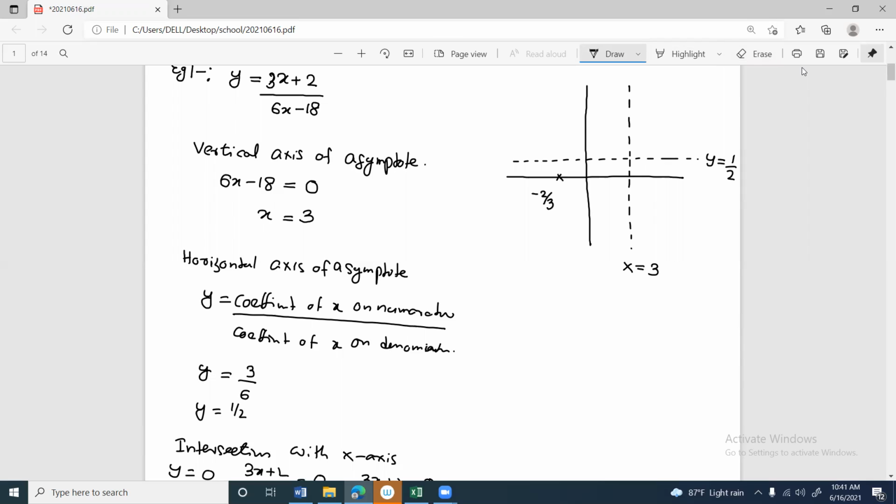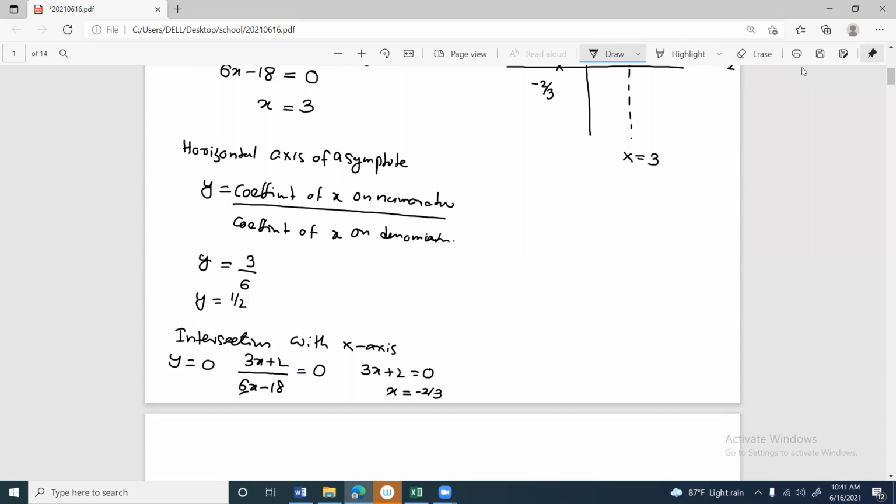Then we need to find the intersection with the y-axis. Sorry, intersection with the y-axis means x equals 0.